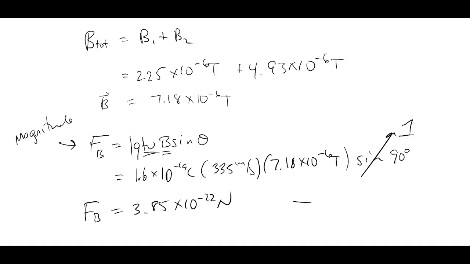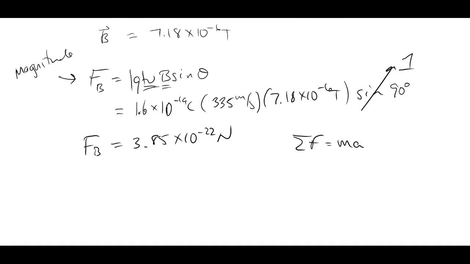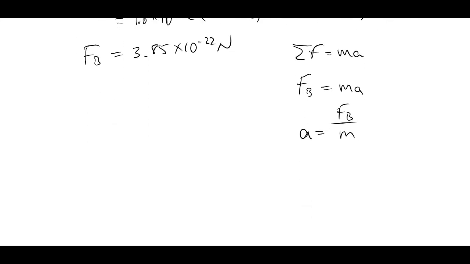And then, like I said above, the net force on it is equal to MA, and the only thing producing the net force is F_B, and that is equal to MA. So if I want to find the acceleration, that is the magnetic force all over the mass of the electron, because it feels that force since it's in the magnetic field, excuse me, not electric field, the magnetic field.